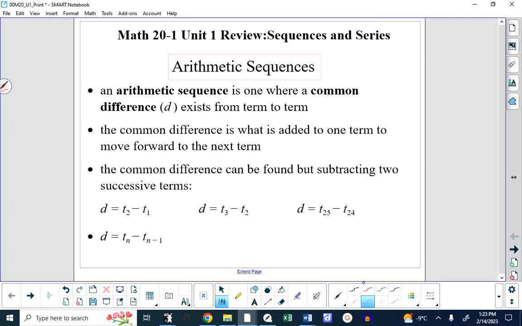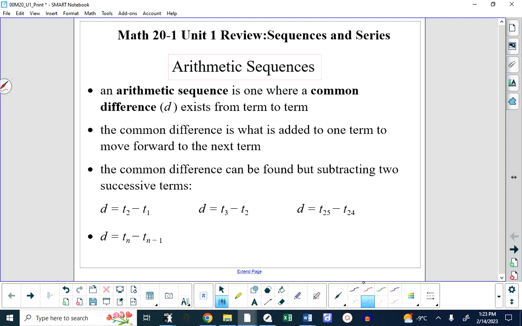But at the same time, I recognize that sometimes it's not obvious what students remember. Okay, so we do need to review some things. An arithmetic sequence is a sequence in which there is a common difference. The common difference, there's two ways to look at it, is what's added to one term to move forward to the next term, or it can be thought of as what you get when you take a term and subtract the term before it.